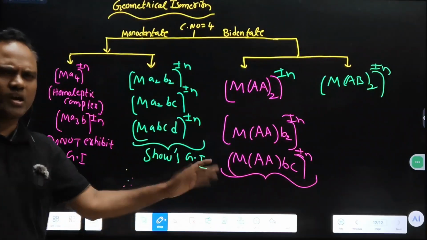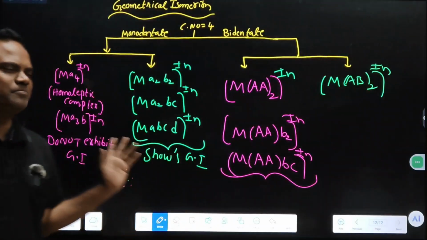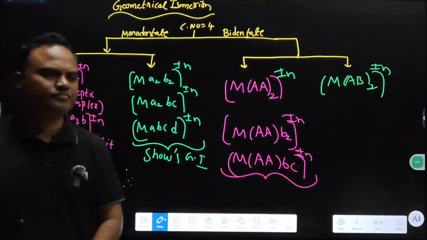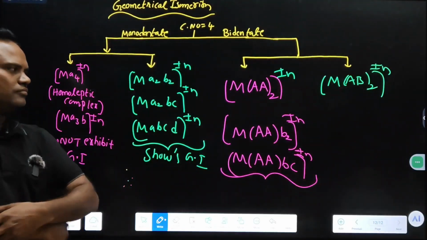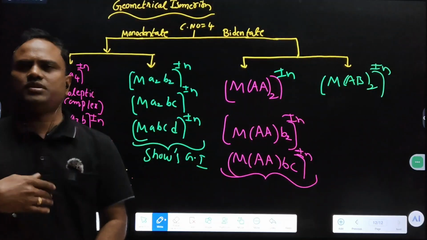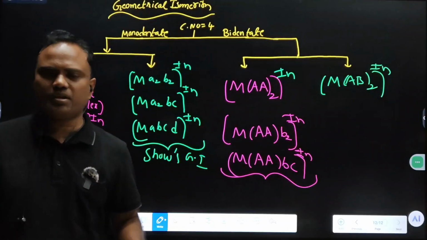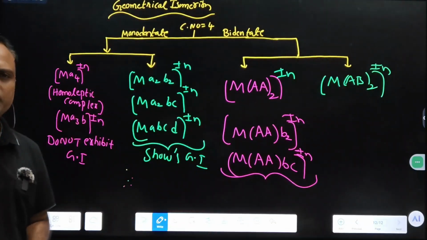You can continue with the capital letters only, nothing will happen, okay? But small letters for monodentate. We can write B2, capital B2 also. After discussion of examples, there is no differentiation with small letter or capital letter. Everything is the same.